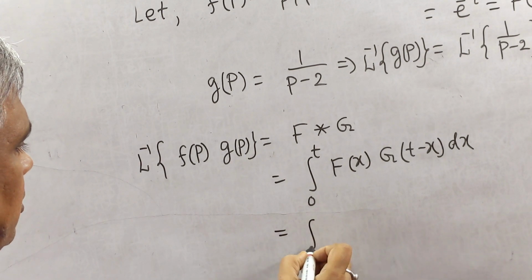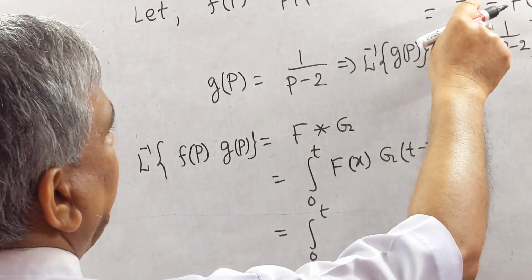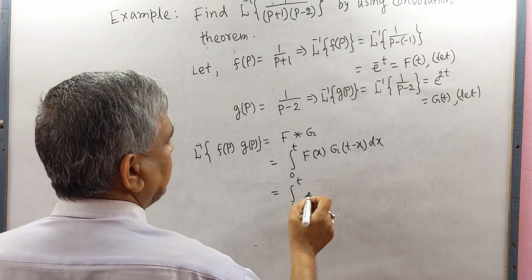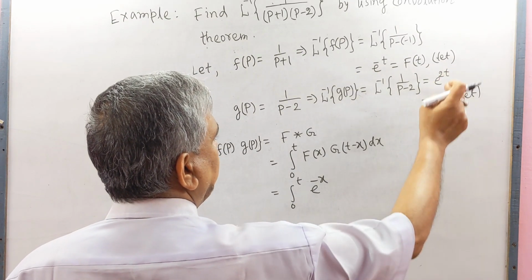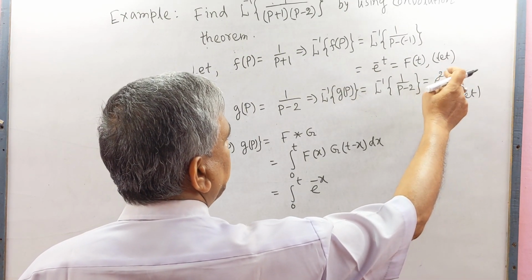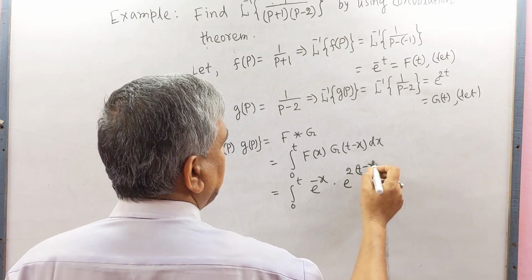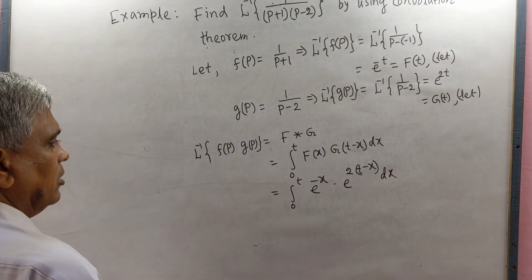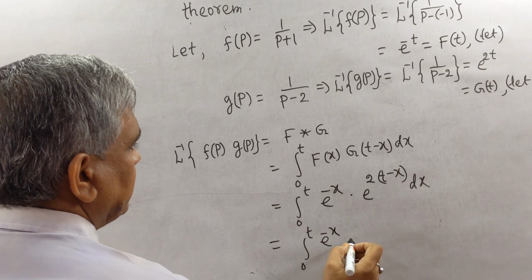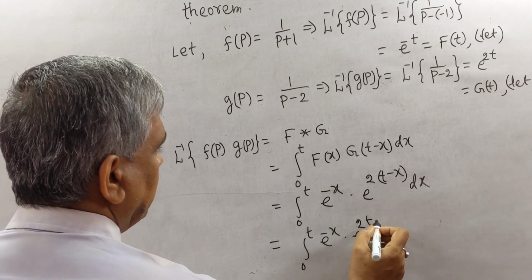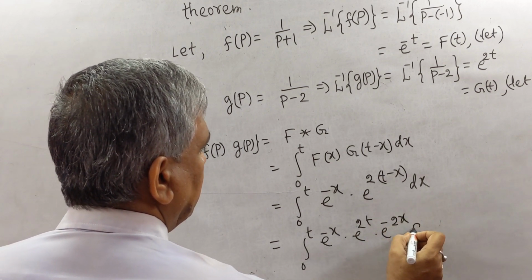So this is equal to the integral from 0 to t, where f t is e to the power minus t, so f x is e to the power minus x. g t is e to the power 2t, so g of t minus x is e to the power 2 into (t minus x), dx, equal to the integral from 0 to t of e to the power minus x, e to the power 2t, e to the power minus 2x, dx.